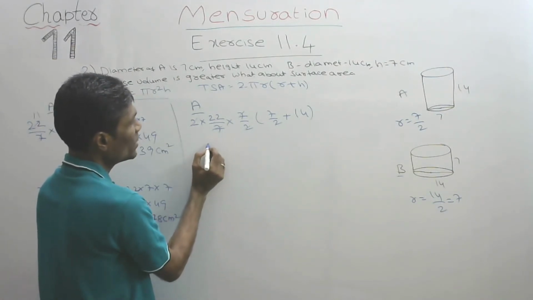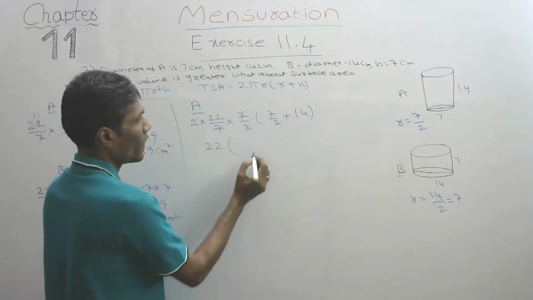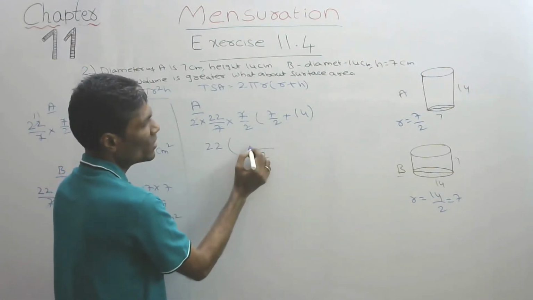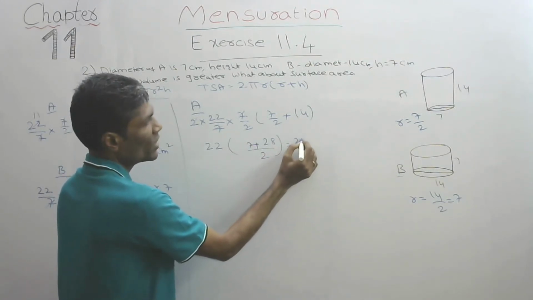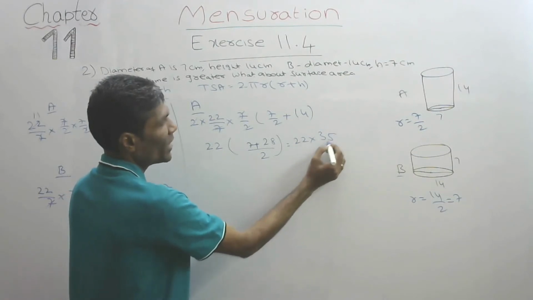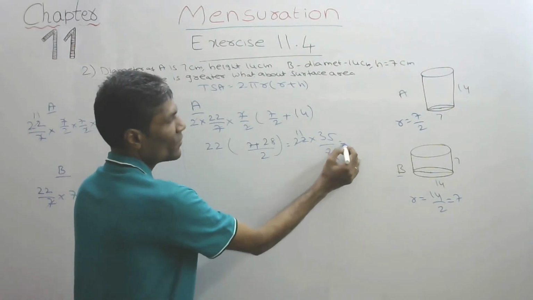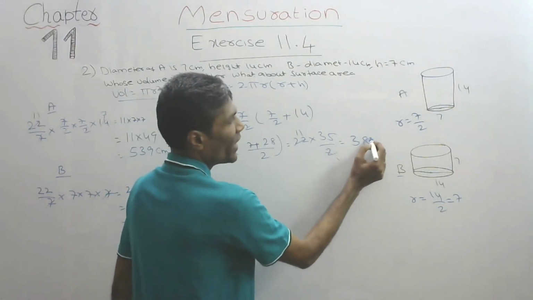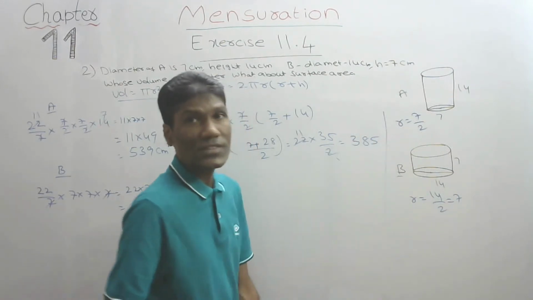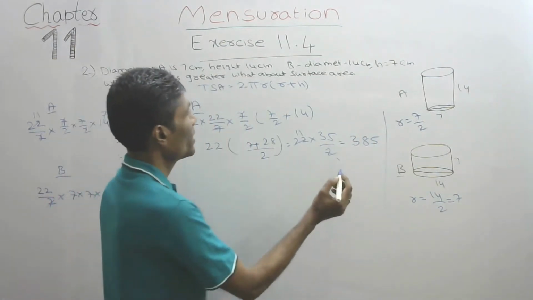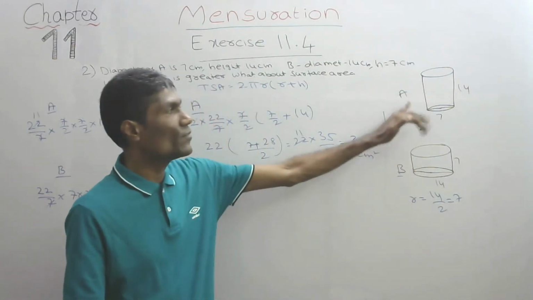Now we are left with 22 into (7 by 2 plus 14). Simplification we know, 7 plus 28, that is 22 into 35 by 2. 2 ones are 2, 11s are 35 11s are 385. So we got 385 centimeter square as the surface area of the first figure.